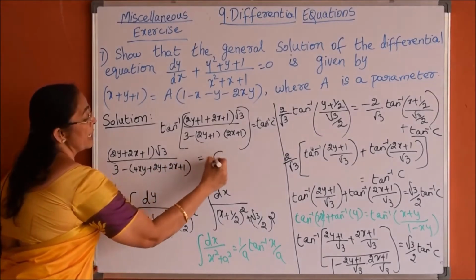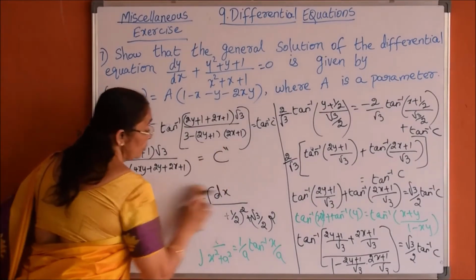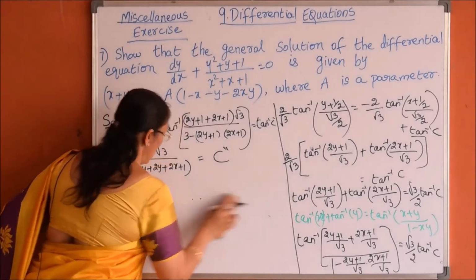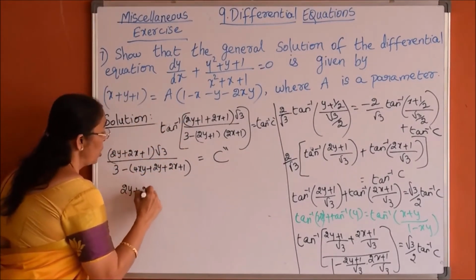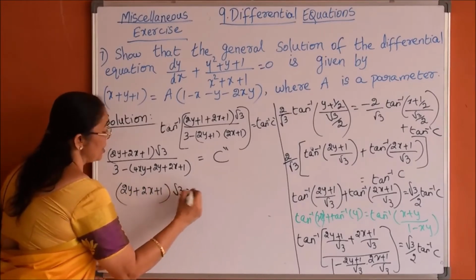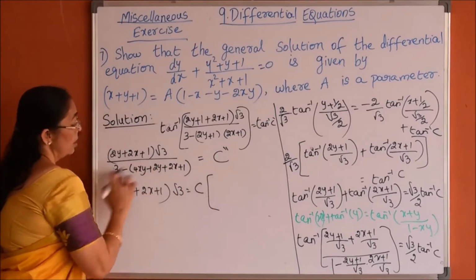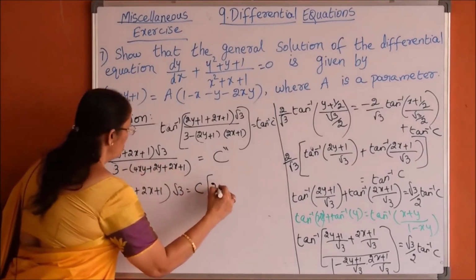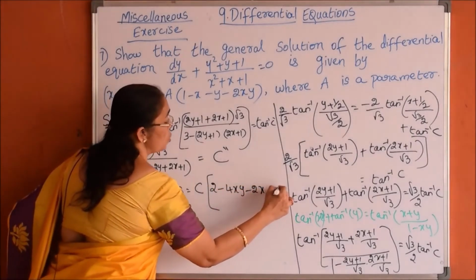The constant is again C double dash we can write. Now, the last step is 2y plus 2x plus 2 times root 3 is equal to constant C into (3 minus 1, 2, 2 minus 4xy minus 2x minus 2y).